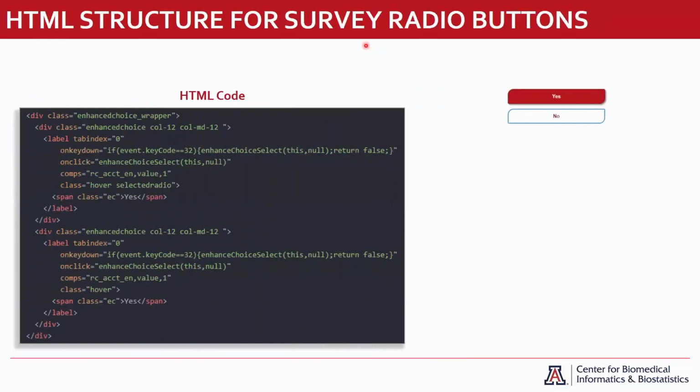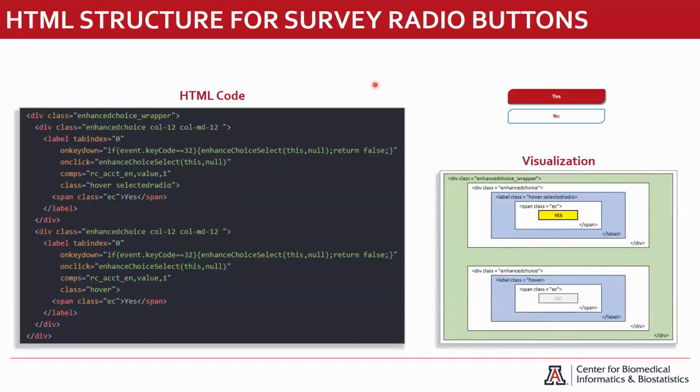So to give you an idea just how difficult this is, here is all the HTML code just for these two buttons. I know it looks like a wall of text, and people who are not code savvy might be wondering what the heck they're looking at, but this is a little visualization to help you understand this HTML code.